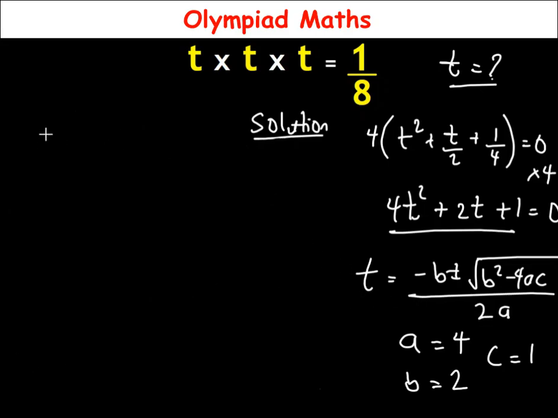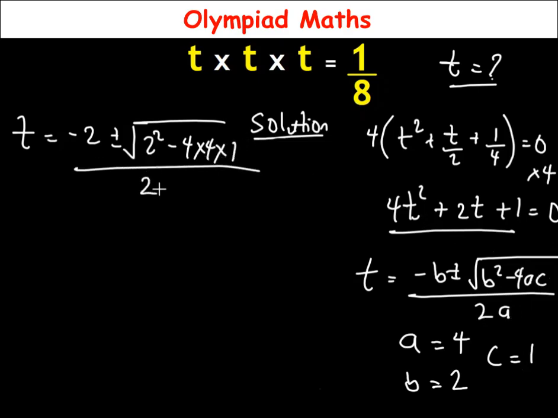So from here, we have t is equal to minus b, b is 2, so minus 2 plus or minus square root of b is 2, so 2 squared, then minus 4 times a is 4, 4 times c is 1, all over 2 times a is 4.